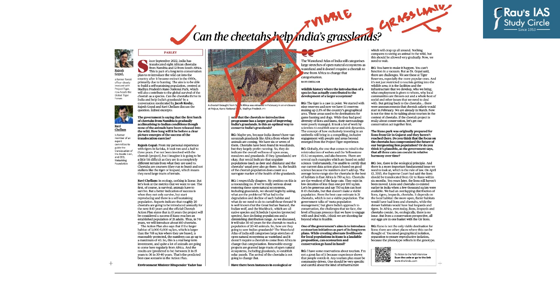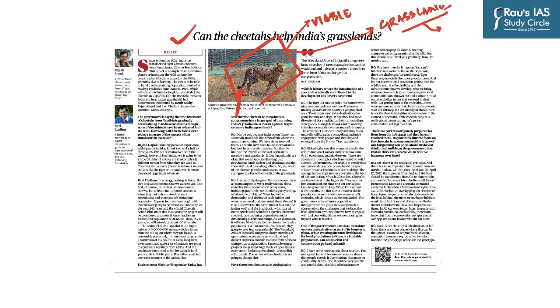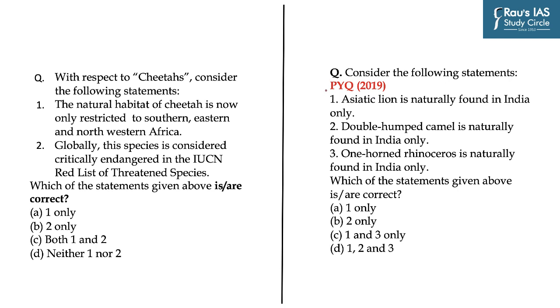Even if you know a little bit about previous year questions, you know that UPSC's favorite topic is species, especially extinct, likely to be extinct, vulnerable, or critically endangered species. For example, this question in 2019 dealt with three important species: Asiatic lion and its habitat, double-humped camel and its habitat, one-horned rhinoceros and its habitat.